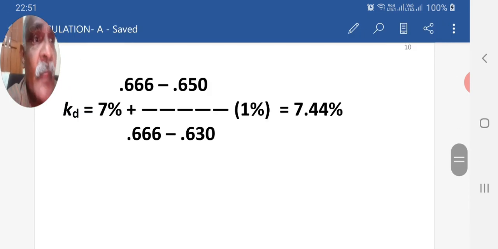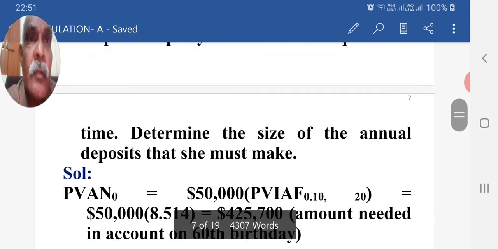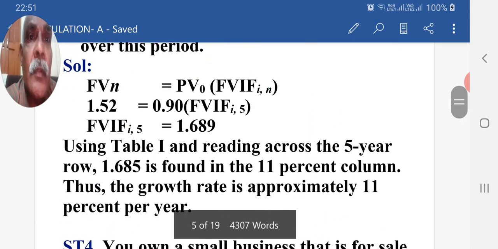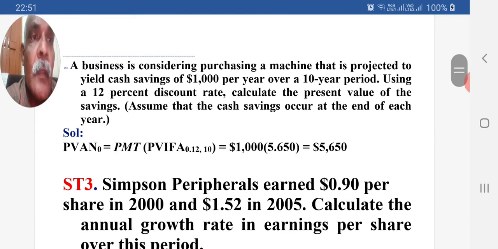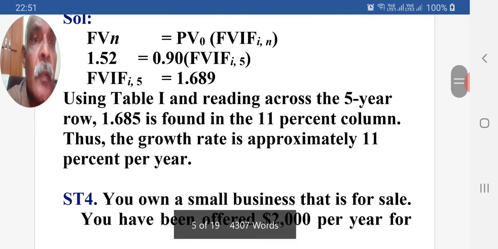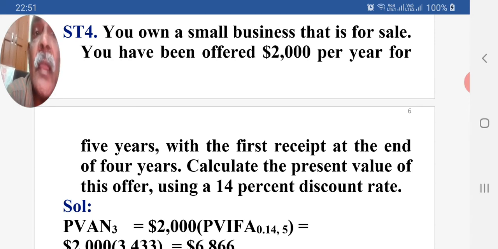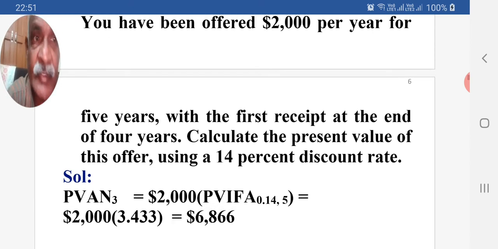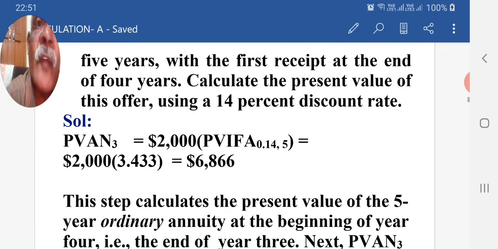It says you will get the first receipt at the end of the 4th year.